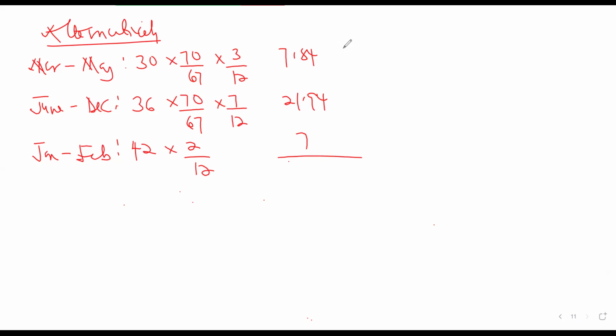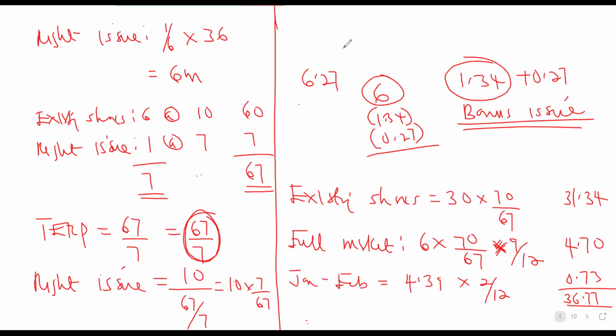So 7.84 plus 21.94 plus 7. You should be having 36.78. Okay, which is almost the same as this one. So any one that you prefer, you can use the one that you like.